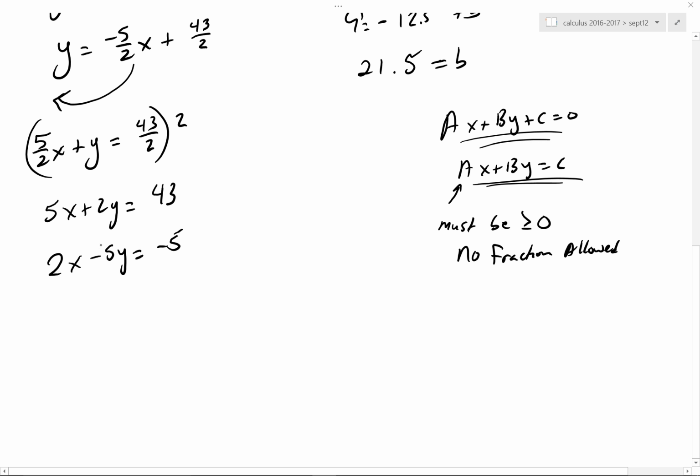Notice how these look similar, but different. That is how you know that they are perpendicular lines. Notice how these numbers switched, and look at that, the sign flipped. What do you know about that?